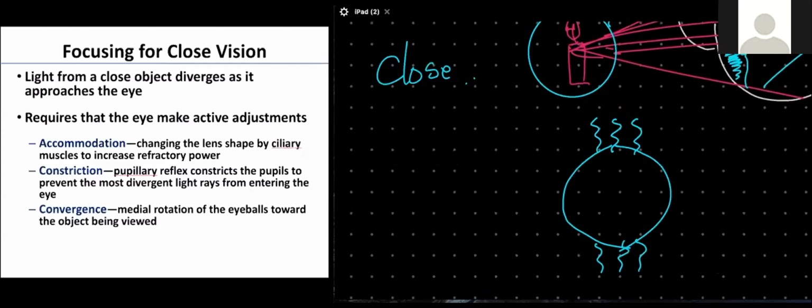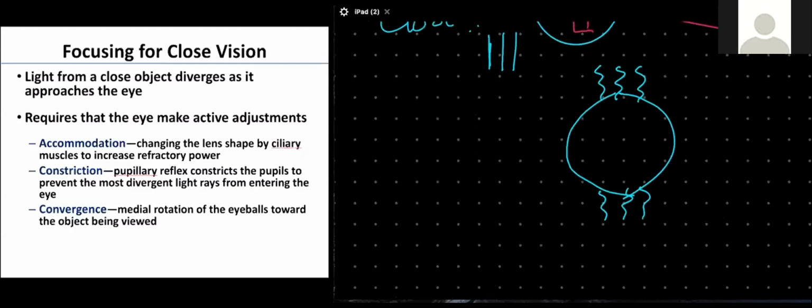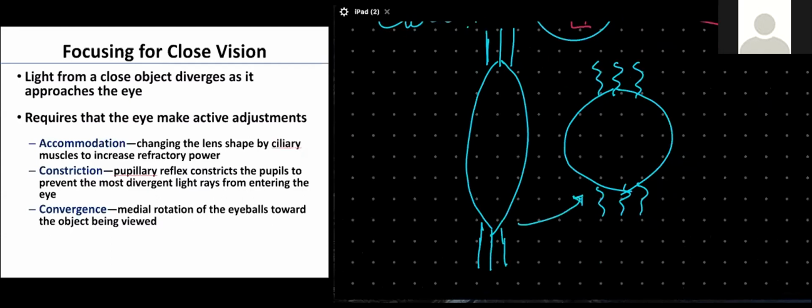If I am pulling the suspensory ligaments like this, the lens is going to be stretched and it's going to be less convex. In close vision, I will be relaxing those suspensory ligaments.